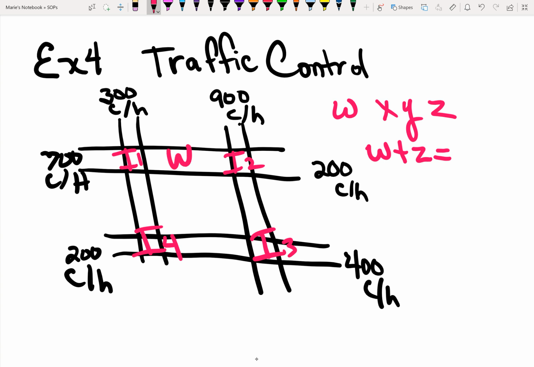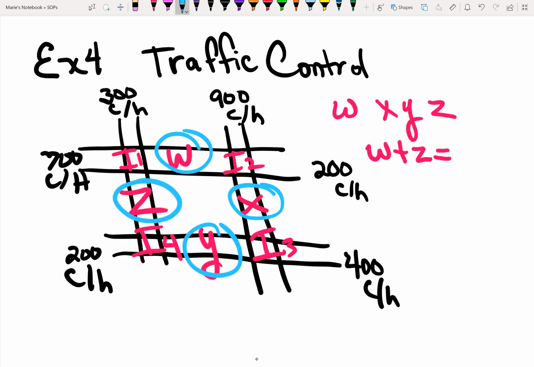This is W, X, Y, and Z. So follow this W, X, Y, and Z, just in case I'm losing you. And so here's what we know. We know that W plus Z is 1,000 cars because it's 300 plus 700. So 300 plus 700.